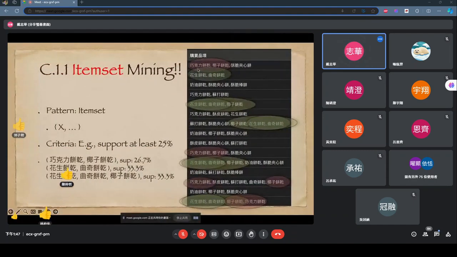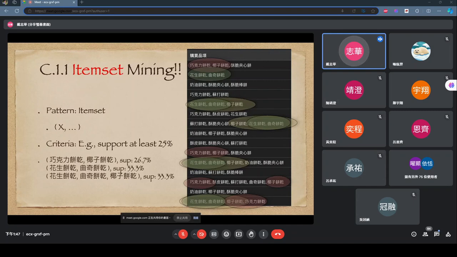Okay, good. So you see chocolate, coconut, one, and here, chocolate and the coconut, two, here, the third, chocolate and the coconut, and the last, four, chocolate and the coconut.